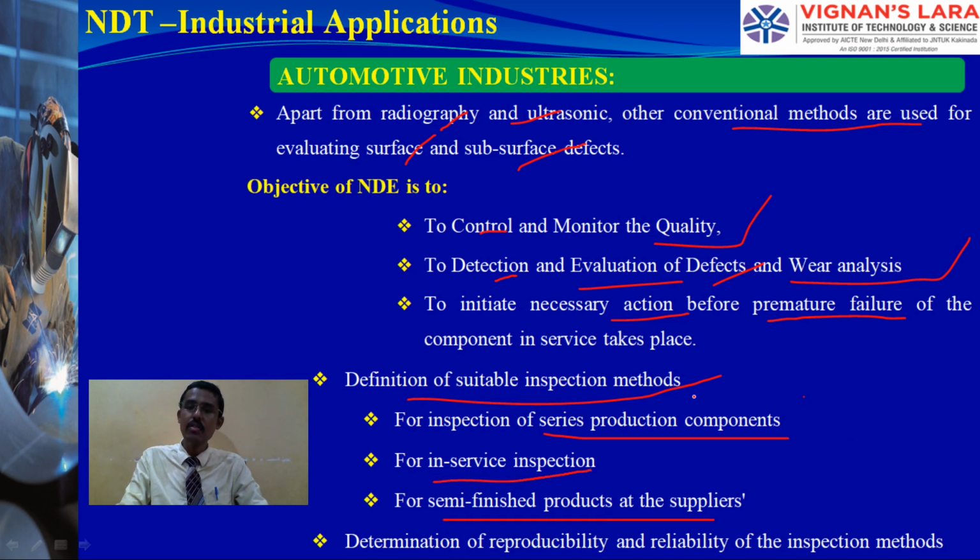It means our objective is to do inspection at all stages: as a single component from the beginning, in semi-finished conditions, or after delivery in in-service conditions also. We should continuously monitor and control to maintain the quality. This is our final objective of NDT.